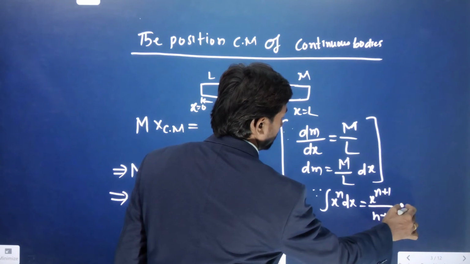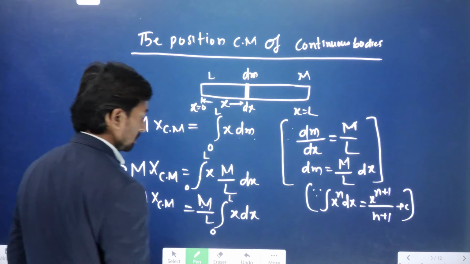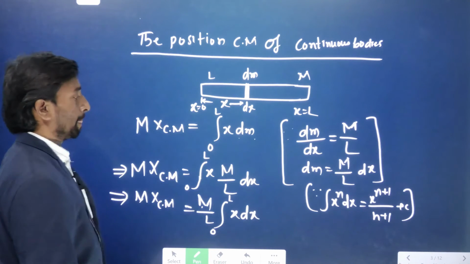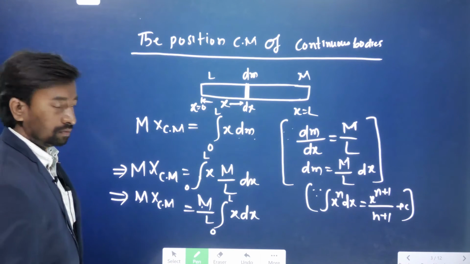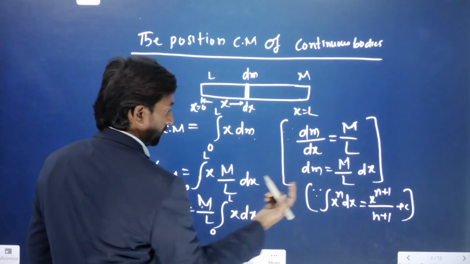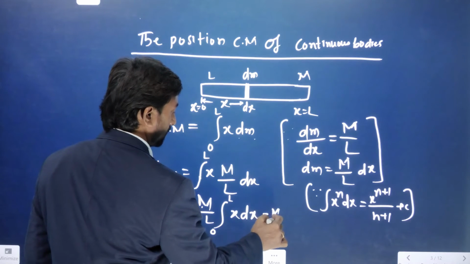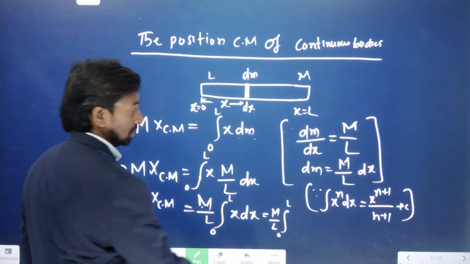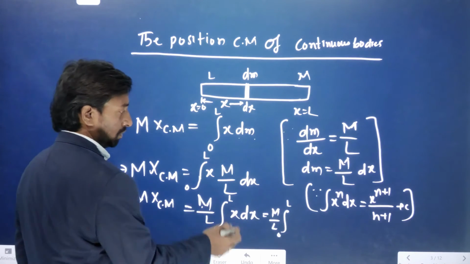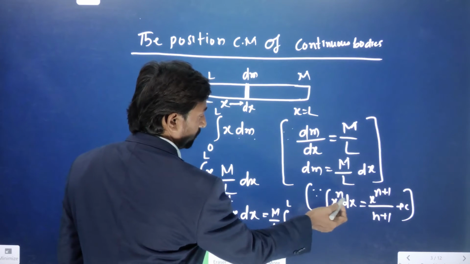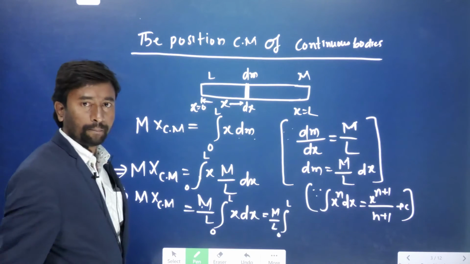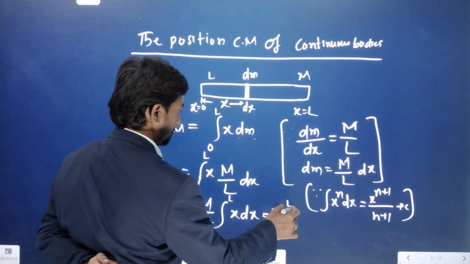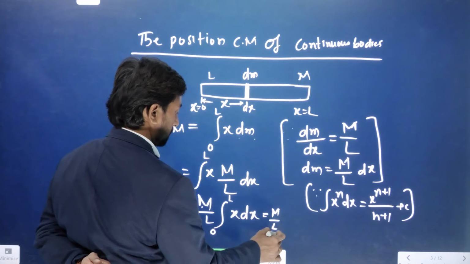We won't consider the constant c here. Applying that formula to M by L times the integral from 0 to L, the power of x here is 1, so we get the integration of this part.